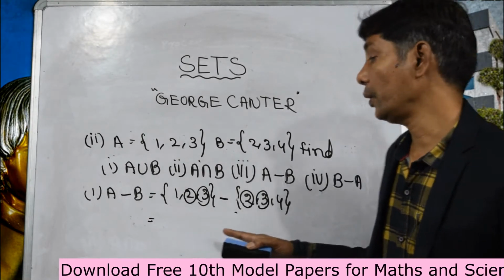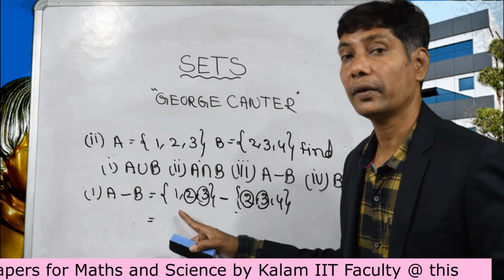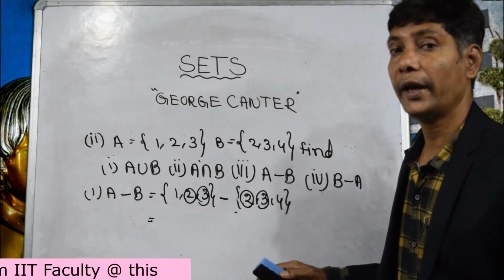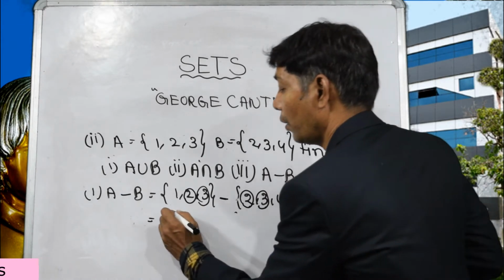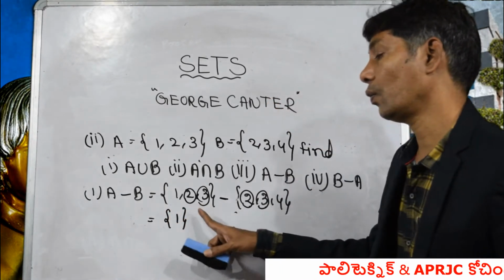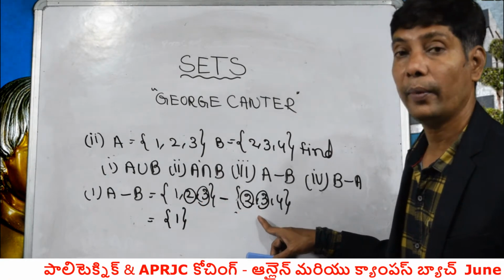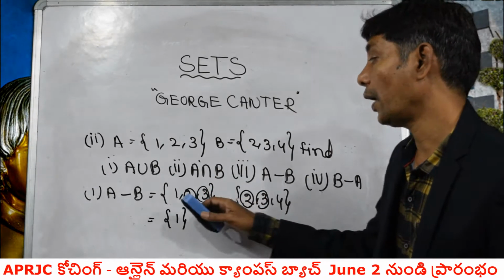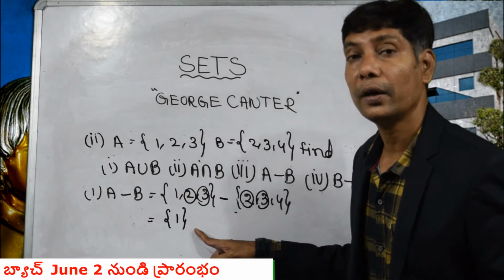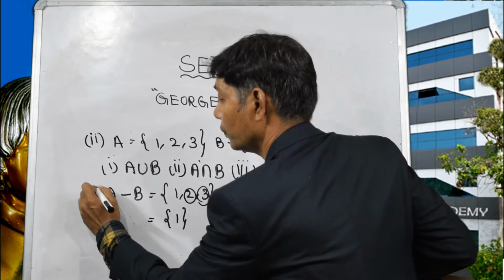Now A minus B means you have to take the common elements and the remaining elements present in A, which is 1 only. You have to write 1 only. First of all, you have to take the common elements, remove them, and the remaining elements present in A is called A minus B. In the same way, this is the third one.